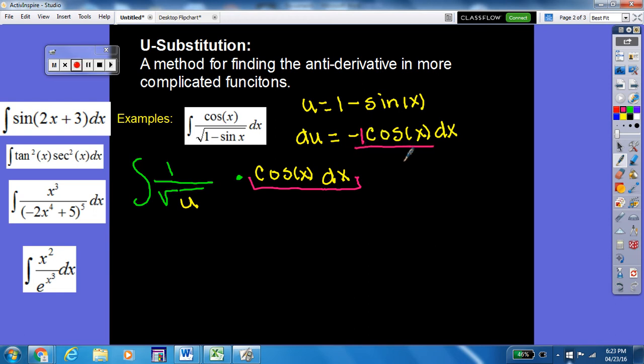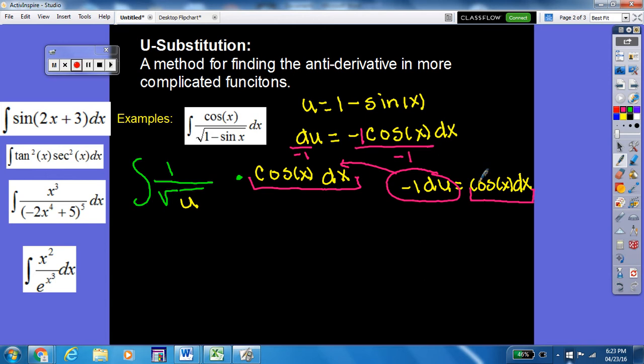If I divide both sides by negative 1, what I'm going to end up with is a negative 1 du equals cosine of x dx. And that's good news because now I have cosine of x dx exactly the way it shows up in my integral. So what that means is I can replace all of that cosine of x dx with that negative 1 du.